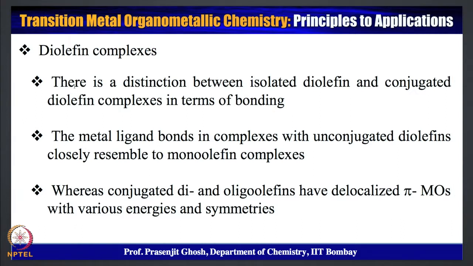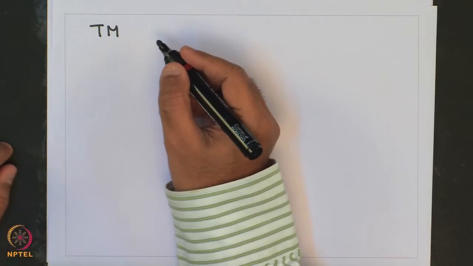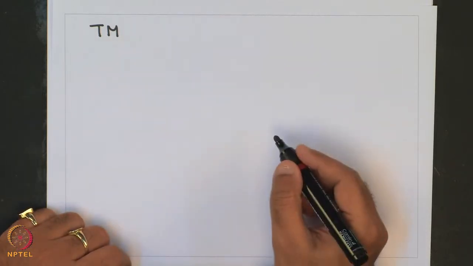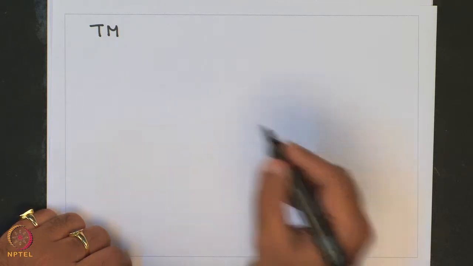Next, we are going to discuss something related to transition metal olefin complexes, and these are transition metal di-olefin complexes. These are a closed variety of transition metal olefin complexes, and hence would be treated from the perspective of what we have understood on transition metal olefin complexes.